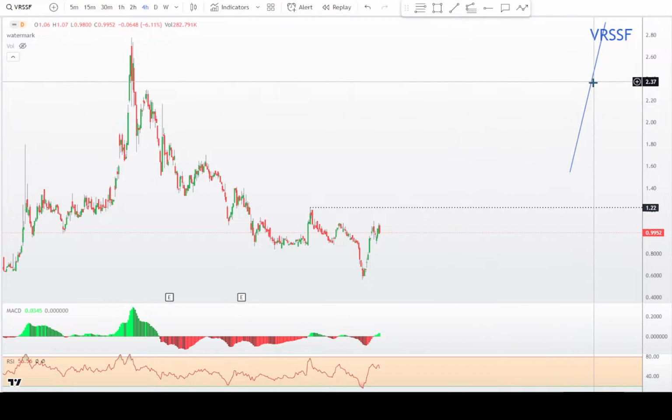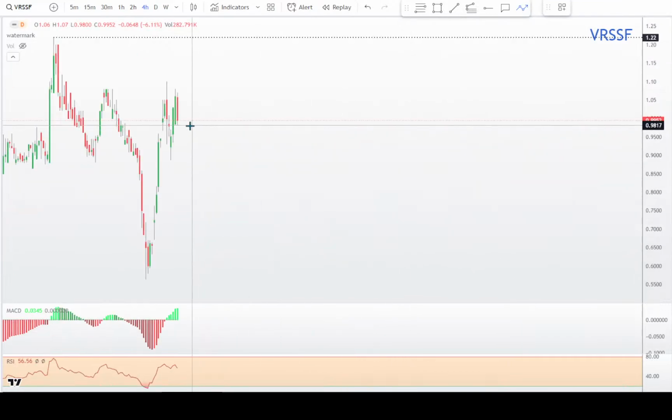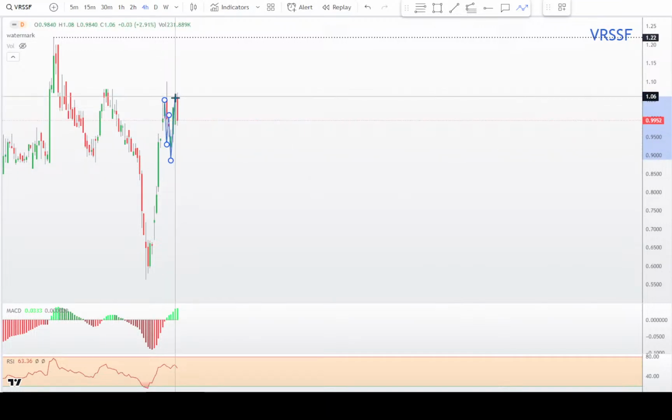And if the whole stock market is going to go up to break the yearly high, it'd be hard to imagine that, especially if this is an AI stock. So 1, 2, 3. You do already have three waves coming down, and you got three up.